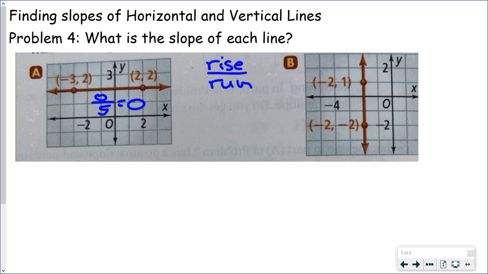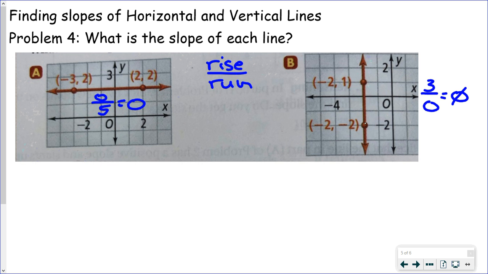So here's how I think of this. I should have mentioned this earlier. Slope kind of measures the steepness of a line, how steep it is. A flat line, a horizontal line, has no steepness at all, so it has a slope of 0. All right, now look at this one. On this one, the rise is 1, 2, 3, and the run, it doesn't go left or right, so the run is 0. So this one is undefined.